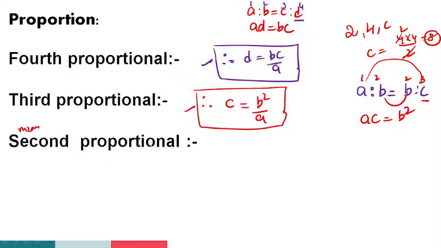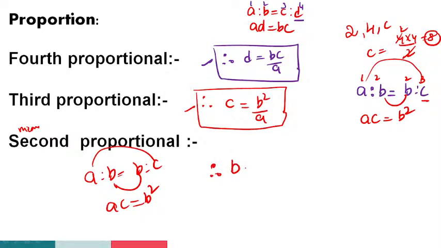And coming to the second proportion or mean proportion. A is to B is equal to B is to C. So proportion formation is AD is equal to BC, look like this, AC is equal to B into B, B square. So second proportion means find out the B value.